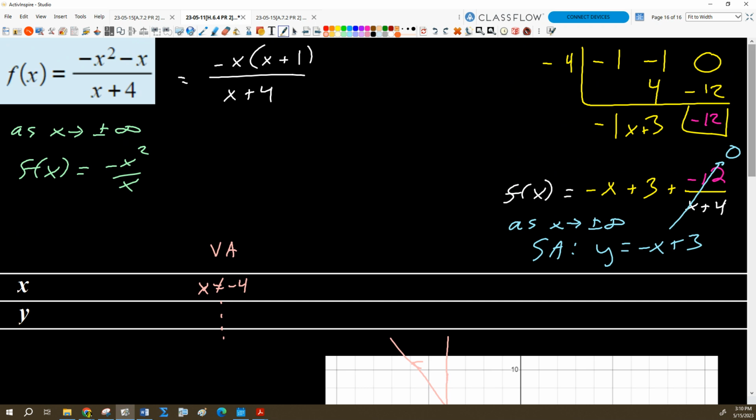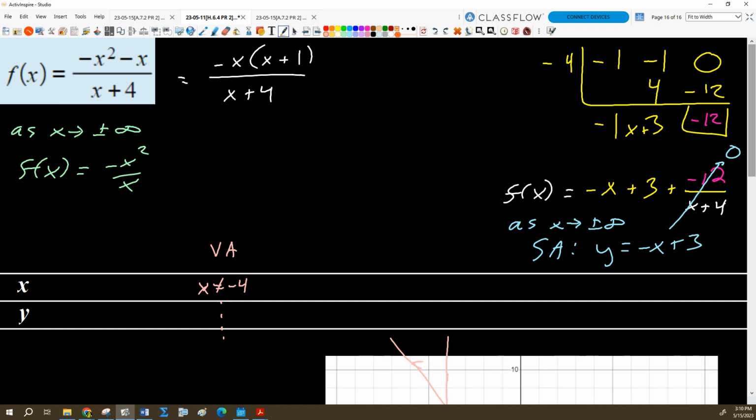Do we have any x-intercepts? Where do the x-intercepts occur? Where the numerator is equal to 0, right? So what are the zeros of the top? X equals 0 and x equals negative 1. Those are unique zeros of the top, right?